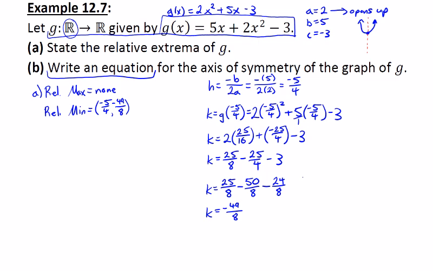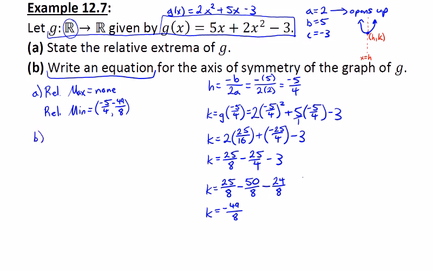So when it crosses through the vertex, it's going to be crossing through that point h comma k, and the equation for that vertical line is going to have all the exact same x values. So it's always going to have h for its x value. So we can just get away with using x equals h as the equation for the axis of symmetry.